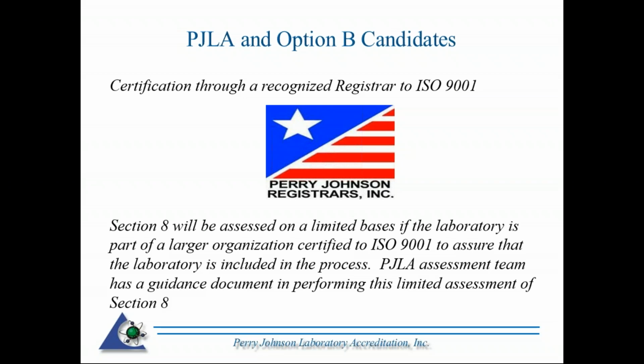If the lab is part of a larger organization certified to ISO 9001, say, for example, you're a calibration lab or a testing lab within a manufacturing organization, PJLA's assessment will assure that the laboratory was included in the 9001 certification process.